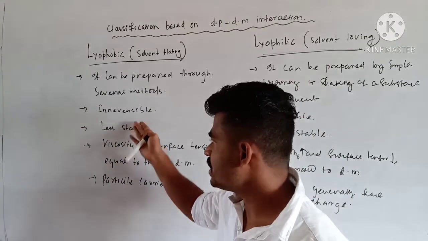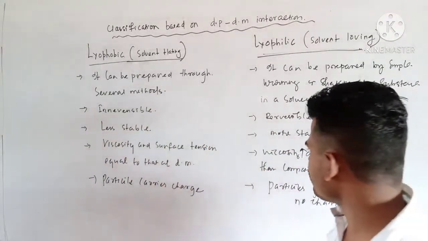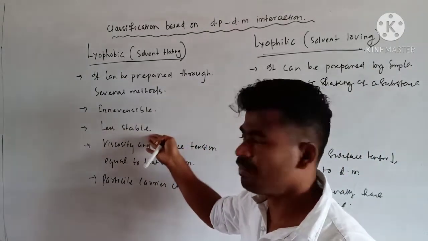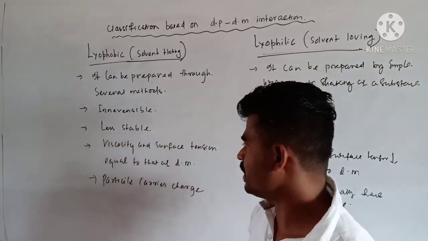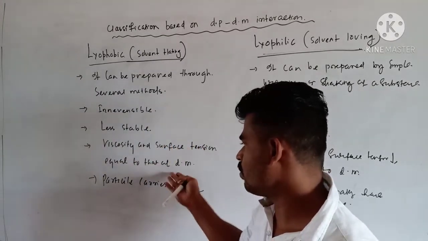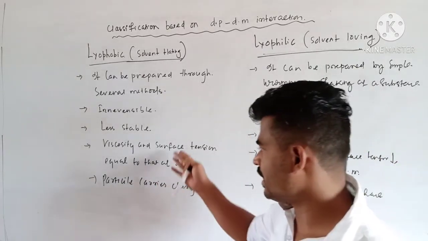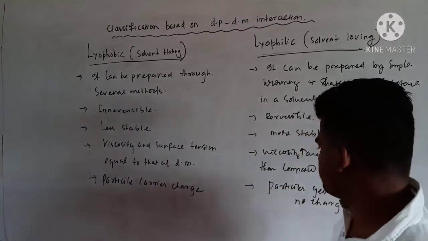That's why this is irreversible, whereas the case is opposite in lyophilic. And lyophobics are less stable due to less interaction of dispersion medium and dispersed phase. Viscosity and surface tension are equal to that of the dispersion medium, because since there is no interaction, these properties almost remain the same as those of the dispersion medium.